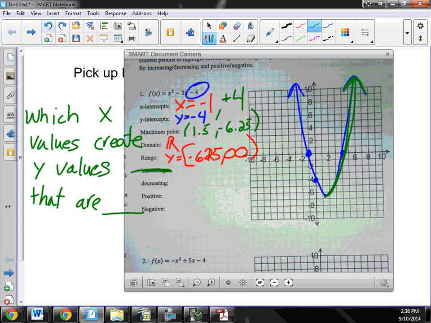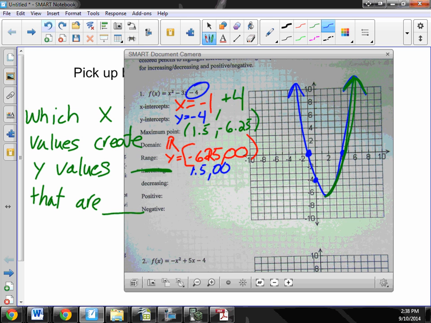What is the interval there? Wait a minute. Which x values create y values that are increasing? Do we care? Does the increasing care how low the graph actually reaches? No. It just wants to know when does it happen. So from 1.5 to infinity.